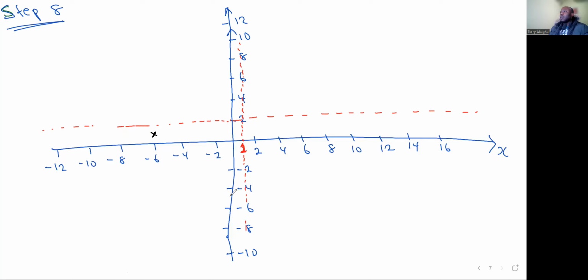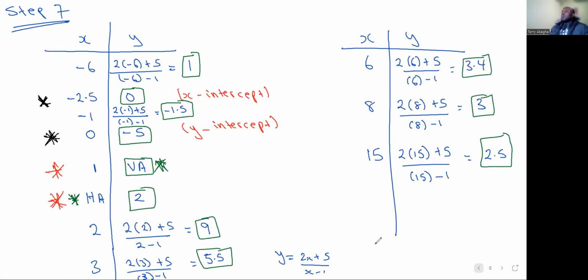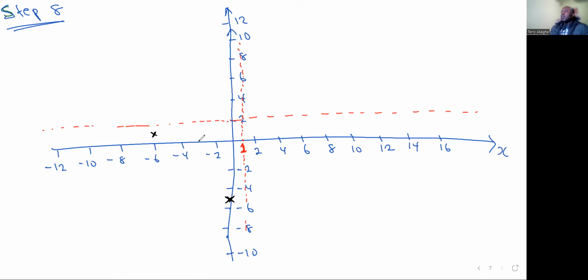That's -3, so -5 should be somewhere here. And the x-intercept is -2.5. If this is -3, then -2.5 is here. So we've plotted the x-intercept and the y-intercept.